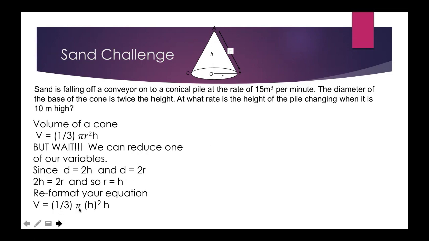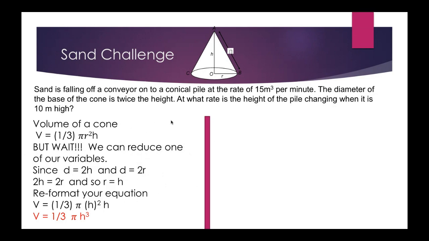We now have 1/3 pi h cubed. That is the formula I can use to do this one. And that is what will make this amazing. Because now watch what happens. We now need to get from dV/dt to dh/dt.